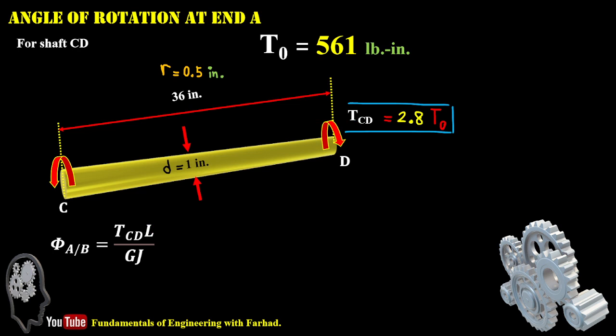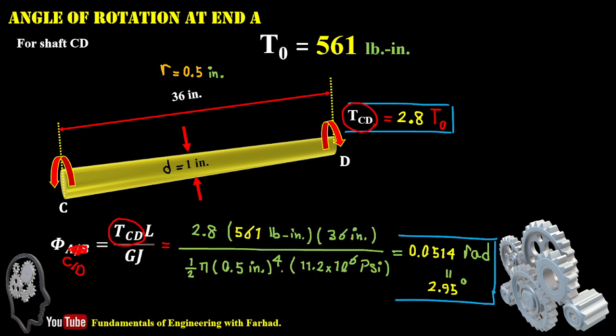Do the same process for shaft CD, but we know TCD is 2.8 T naught, and this is T naught. Replace that in the equation for phi CD. So this is phi C versus D. If we do so, it gives us phi CD equal to 2.95 degrees.